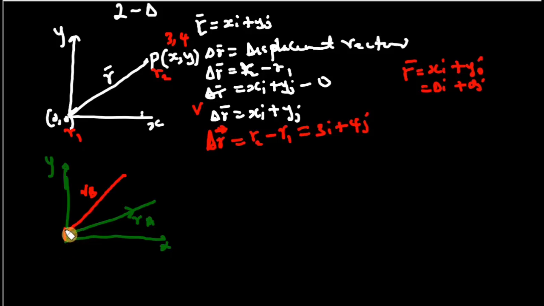Of course both originated from this point. Let's not consider this first, since we have two positions here. So from vector addition, we can find this position vector.